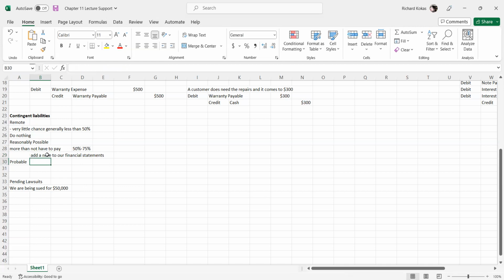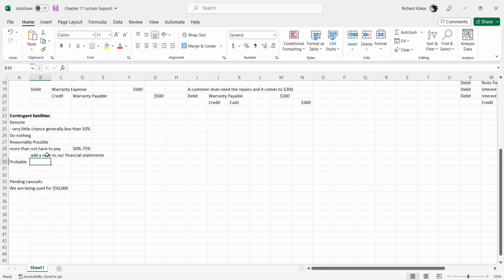So notes to the financial statements, okay, when you look at a company, they publish their annual report. And after they show you their financial statements in the annual report, there's a whole big list of words. They write paragraphs and paragraphs where they highlight important information that the financial statements alone can't tell you.